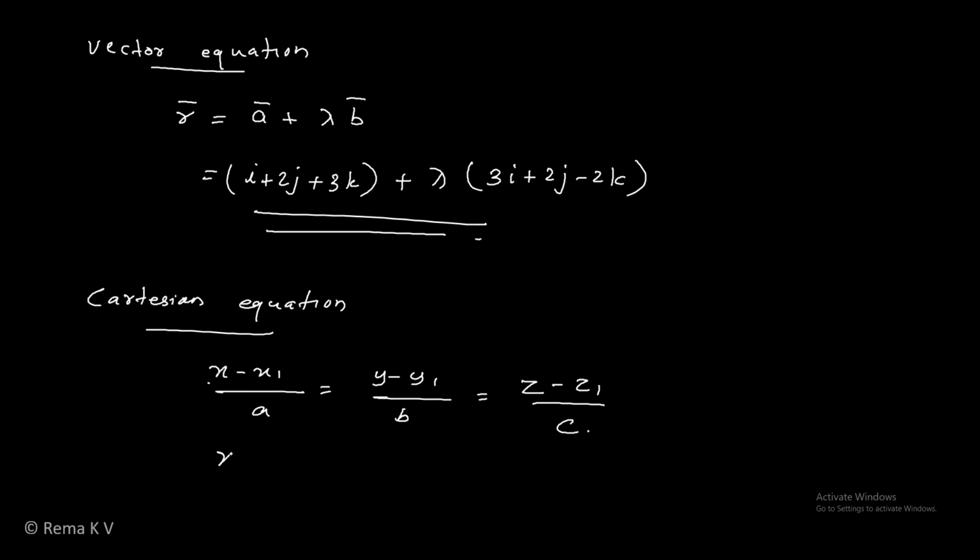So it is x minus 1 by 3, equals y minus 2 by 2, equals z minus 3 divided by minus 2.